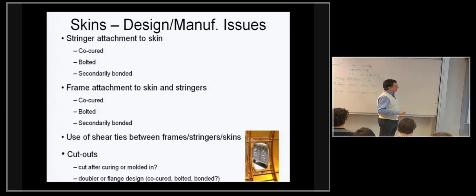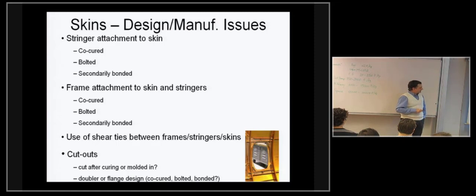Then cutouts, if you have a window cutout or any form of a cutout, as you manufacture, you have to decide, do I want to make it without the cutout and then cut the cutout where I want it, or do I want to mold the cutout in, which means the mold itself will have special provisions such that I only place material around the location where the cutout will be. You can do either, and both of them have advantages and disadvantages.